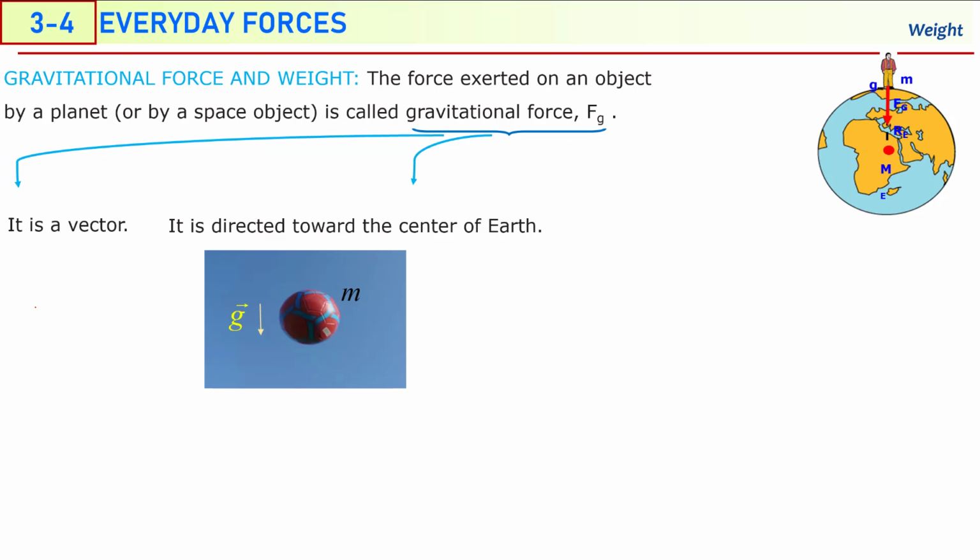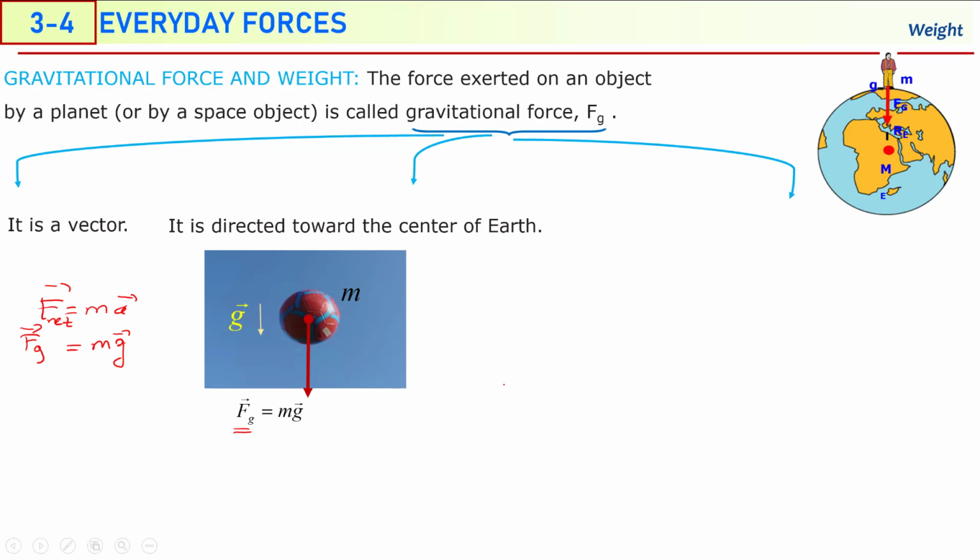According to Newton's second law, F net is equal to m times acceleration. Because the only acceleration for this ball is the free fall acceleration, the net force acting on this object is going to be the gravitational force Fg, if we neglect air resistance, of course. So we draw this force acting on this ball from the center of the ball downward towards the center of the earth, and it is indicated by Fg equals mass times free fall acceleration.